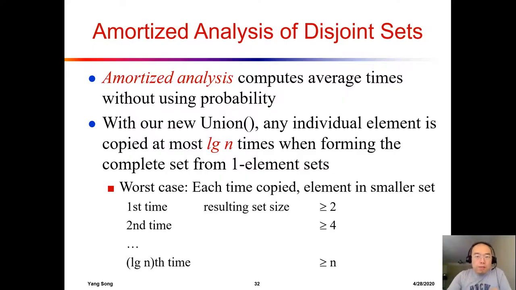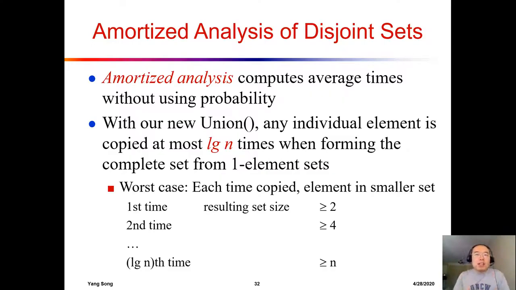If we keep copying again and again, then by the log n-th time we copy this item to a larger set, the size of the set has to be greater than or equal to n. So that is the upper bound of how many times an item in a set can be copied.